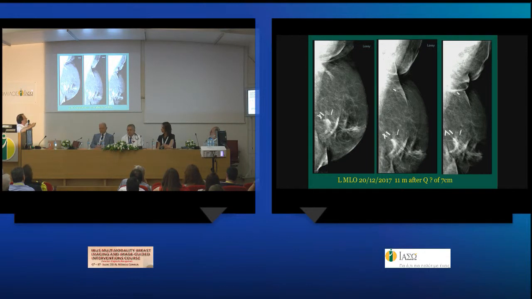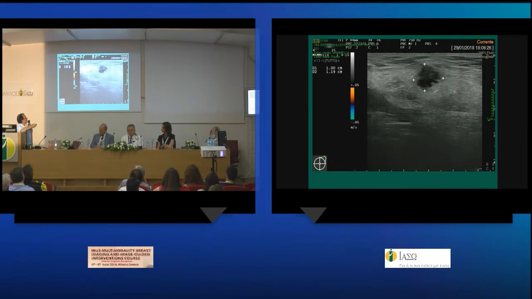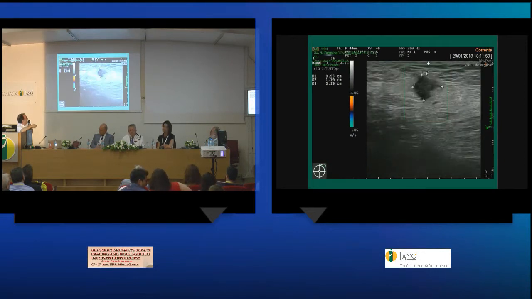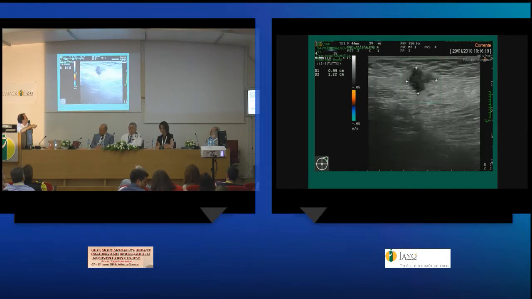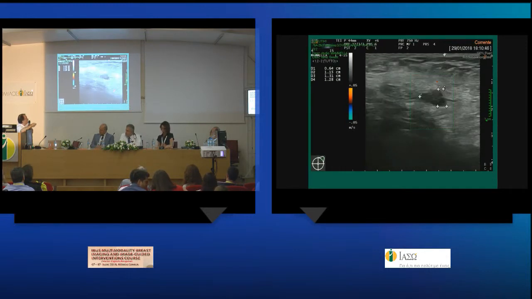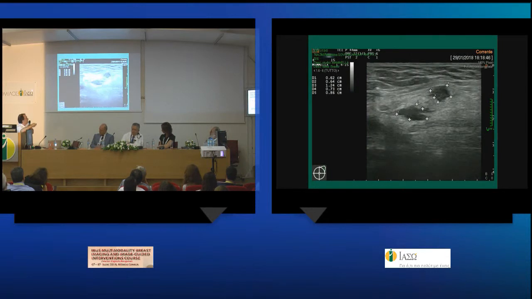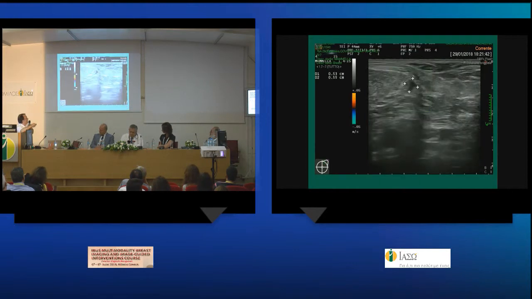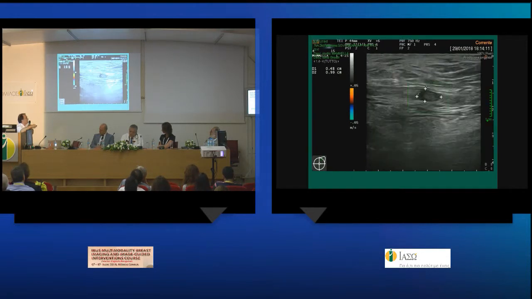Here there is another lesion. And ultrasound shows this lesion. It's another measurement. And also another different lesion in the deeper layer of the tissue. The distance is very, very small between each other, but they are two different lesions. And also there was another lesion here. Three lesions after 11 months.